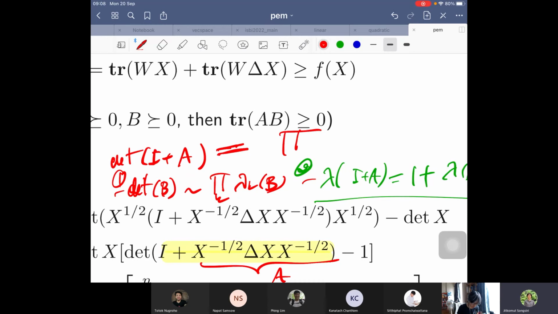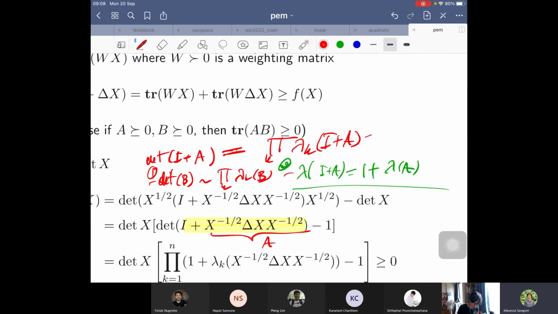So when you apply 1 and 2, it's going to be the product over k of the eigenvalues of I plus A, right?